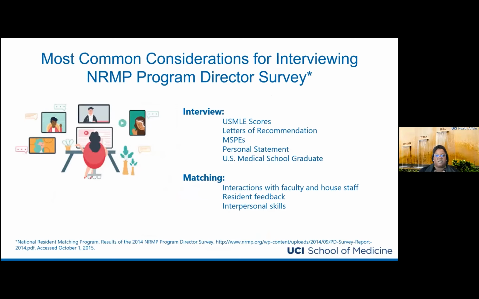So when it comes to interviewing, a 2014 study of the common considerations for interview by NRMP program directors highlighted that for individuals being considered for interview, they're often focusing on USMLE scores, letters of recommendation, MSPEs, the personal statement, as well as the individual being a US medical graduate.